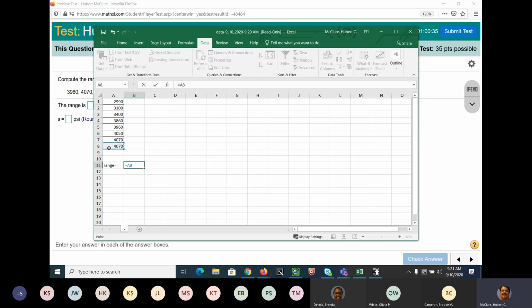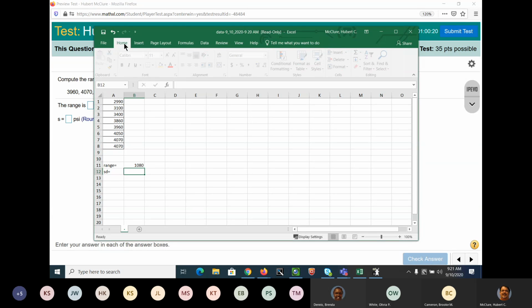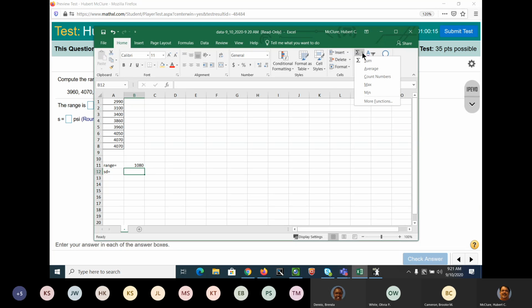Range is equal to this minus this. Now, I'm going to hit standard deviation equals. Okay, now watch this carefully. Go back to home. Go over to the sigma and scroll down and hit more functions.